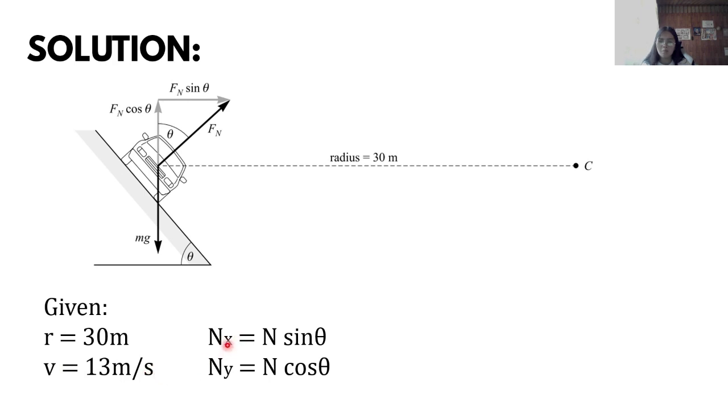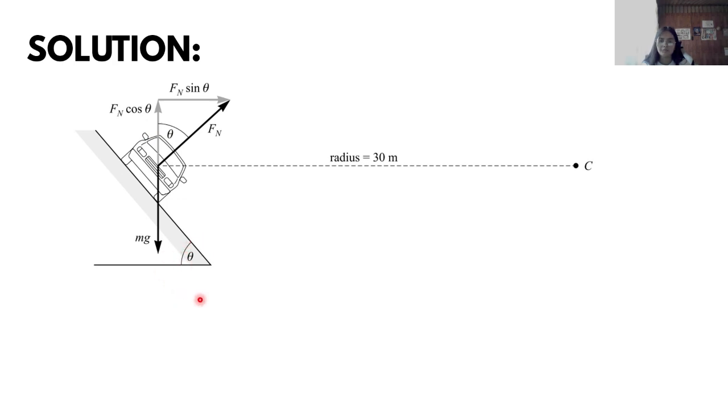So, N sub x, ito yan. N sin theta, kasi yung theta natin, opposite niya, ito. And then, for N sub y, N cosine theta kasi adjacent niya naman. Then required ay yung theta. So, for solution, ito, N cosine theta is equal to mg.